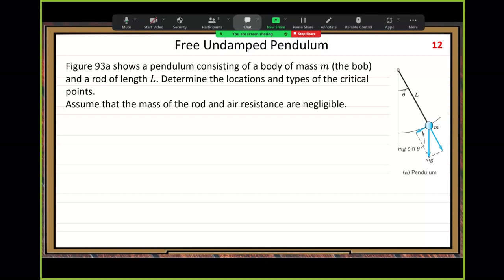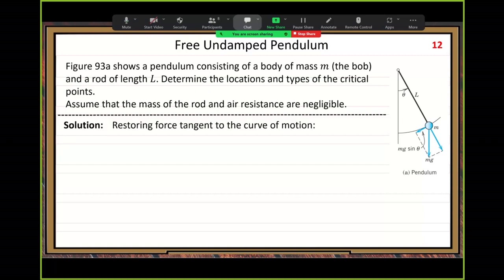The location is along an arc, and the radius L is fixed. The length of the arc equals the radius times theta.